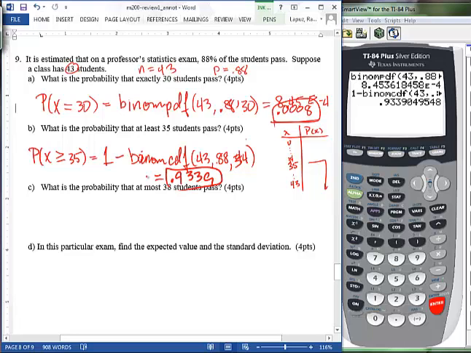What's the probability that at most 38 students pass? So P of x at most means anything going up to and including 38, so x less than or equal to 38. And this time we don't need the binom PDF, we just go from 0 all the way up to 38. So that would be another CDF, binom CDF of your n, your p, and this time you go up to and including 38.